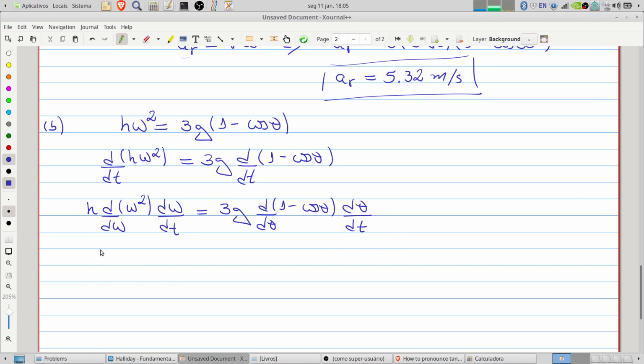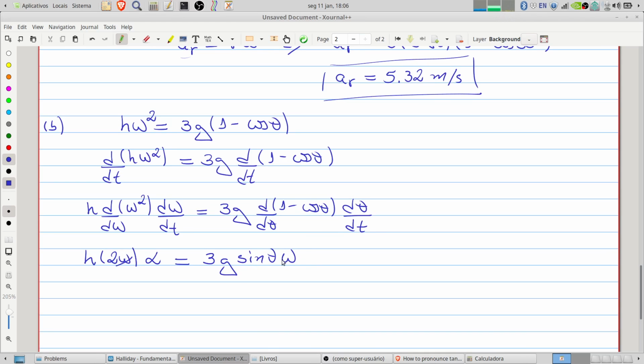So we'll have h multiplied by 2 omega, and here the angular acceleration. This equals 3g, the derivative of 1 minus cosine of theta, that is sine of theta, and here we have the derivative of the angular position, that is angular velocity.